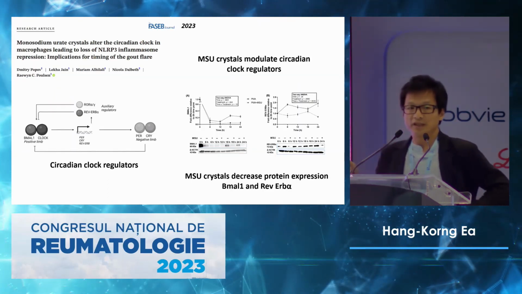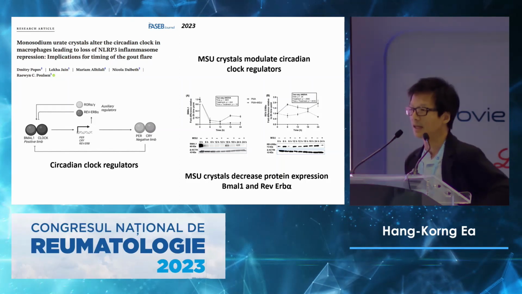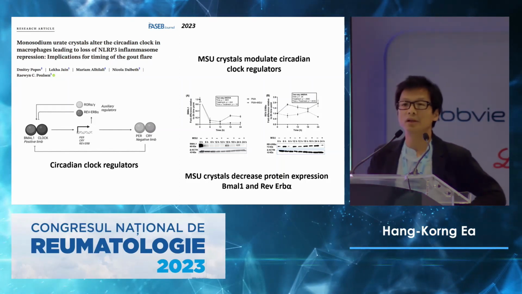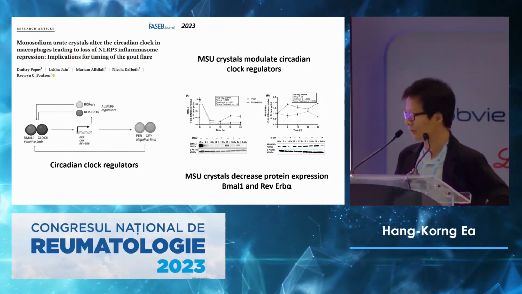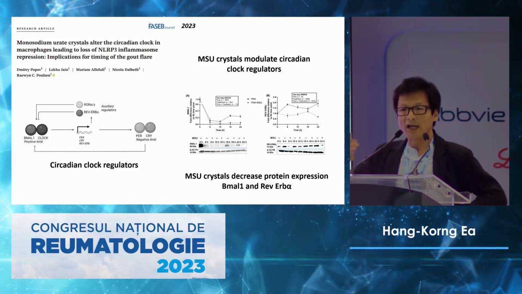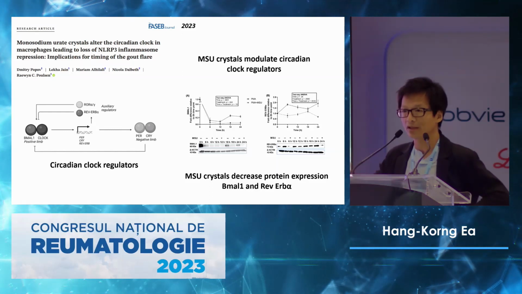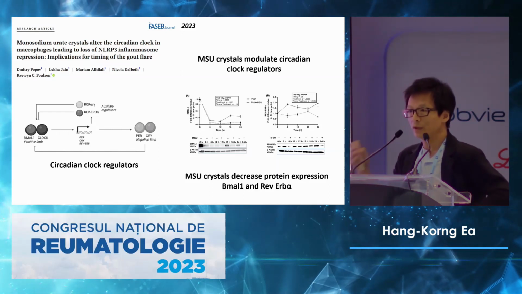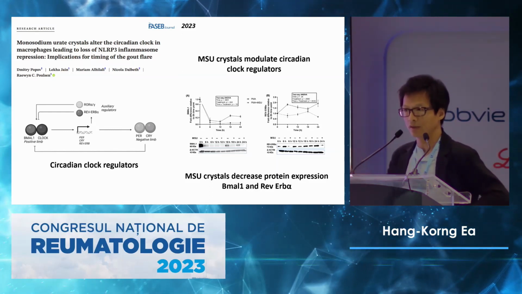And what is interesting in this paper is that the aim of the authors is to assess whether the crystals are able to regulate or to modulate the regulators of the circadian clock genes.